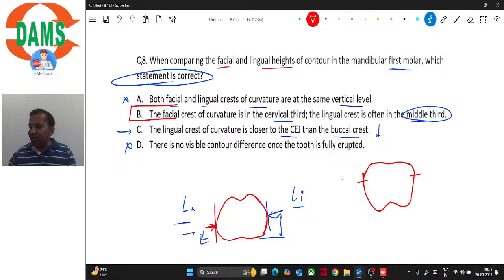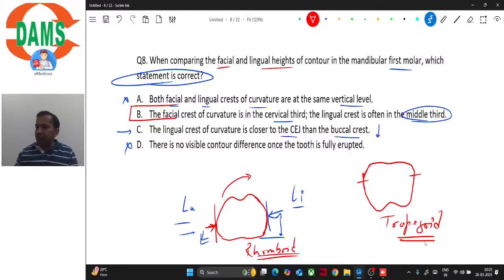In the mandibular posteriors, since the teeth are slightly lingually tilted, the lingual crest of curvature is higher as compared to the labial side. And the outline of the tooth appears almost rhomboid, whereas here it appears almost trapezoid. Right?